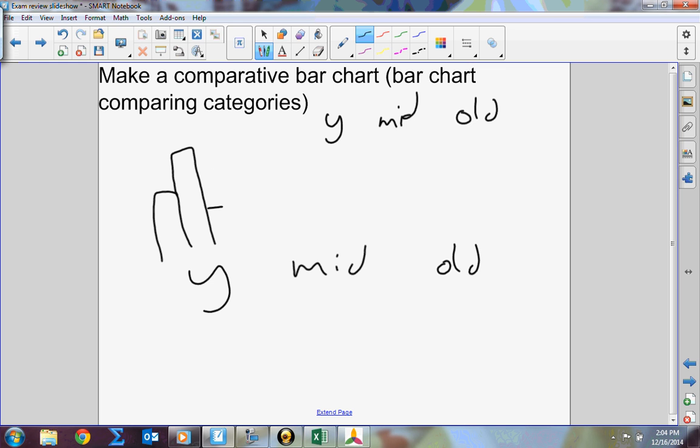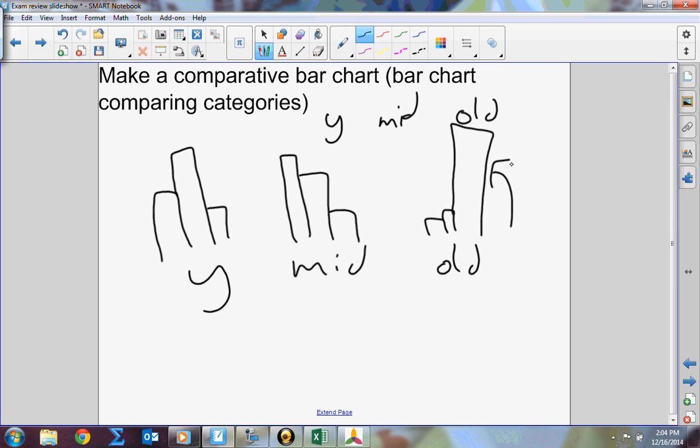Rock music, rap music, country music, or whatever the other categories are. That must be classical music. But that's what a comparative bar chart looks like. And I do have these touching, which is okay. Again, I'm pointing, that's not a good thing. But I have these touching, which is okay, but I don't have all of them touching.